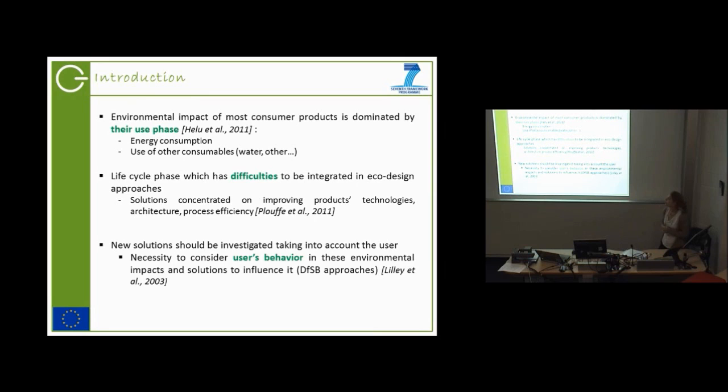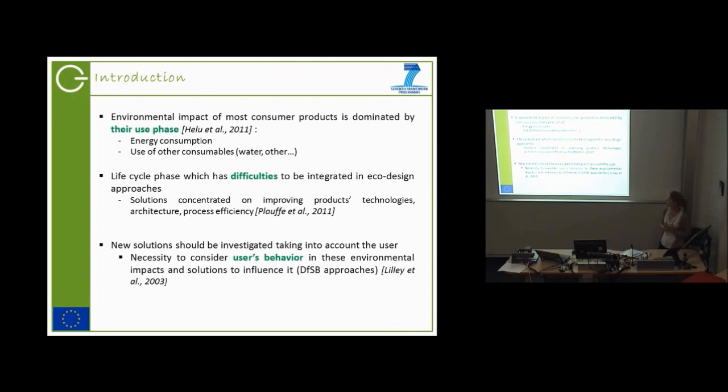And this is mainly due to energy consumption of these products, but also the use of other consumables such as water or any other kind of consumables. We also observe that this life cycle phase, the use phase, has a lot of difficulty to be integrated into current eco-design approaches.